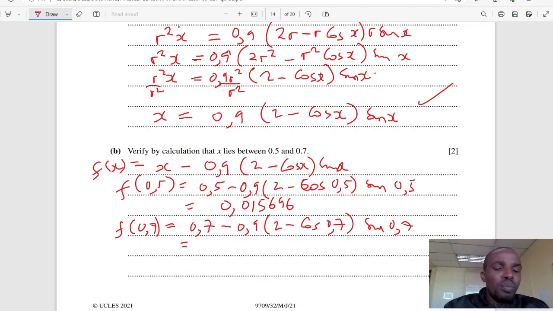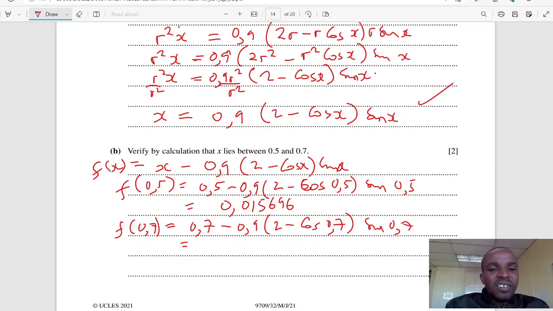So there must be a sign here for 0.5, and there must be a sign here for 0.7. Then if I put 0.7, it will be 0.7 minus 0.9, then (2 minus cos 0.7), then times sin 0.7.